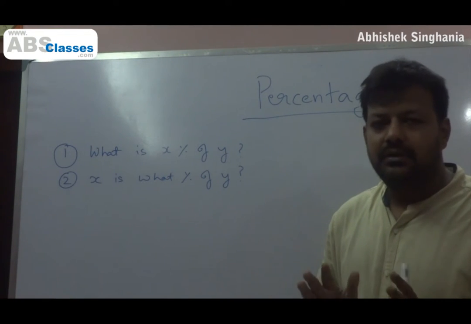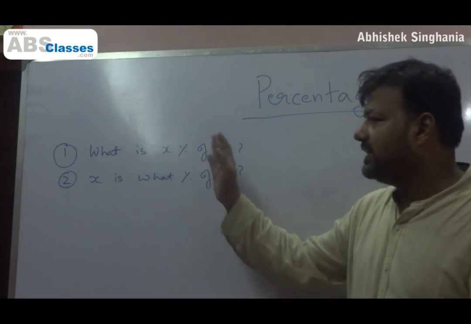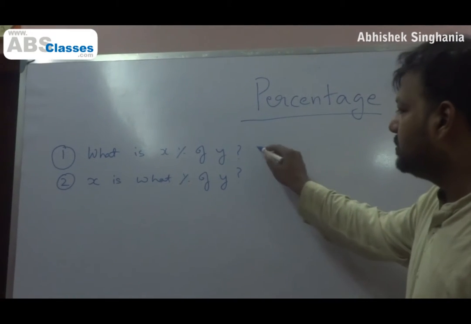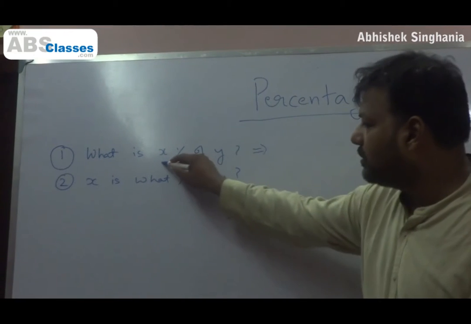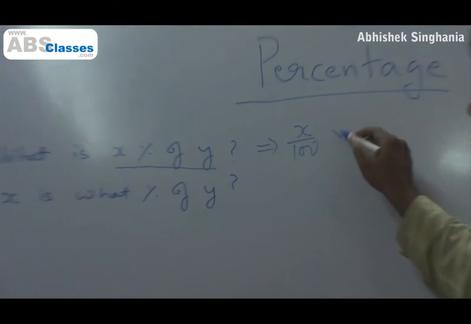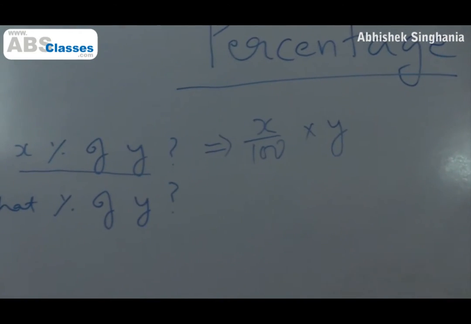We will first deal with the first type of question, what is x% of y. We all know what will be the mathematical representation of this question, x% of y, which means x by 100 into y. This is what we have learned in our school and colleges.